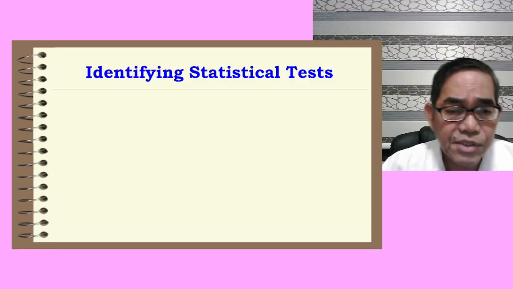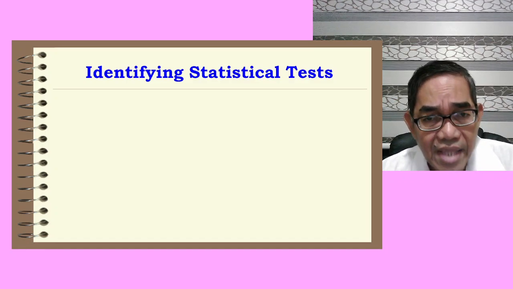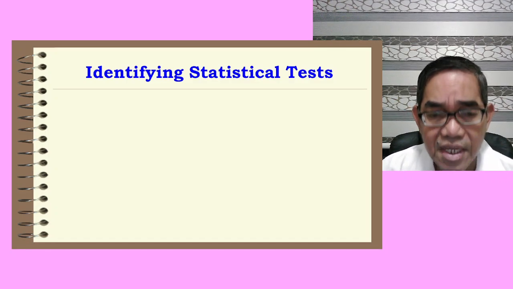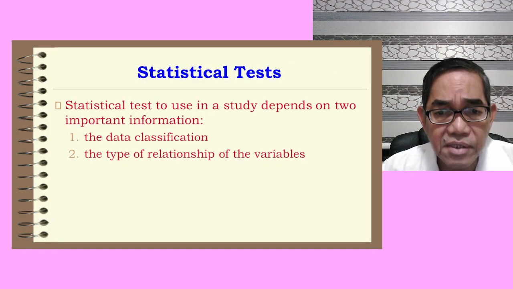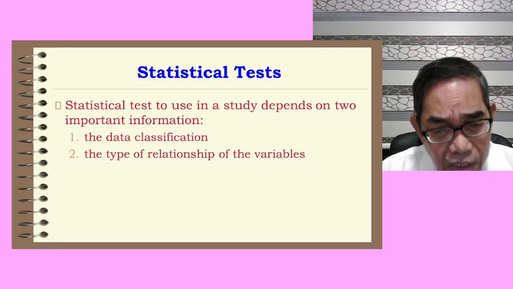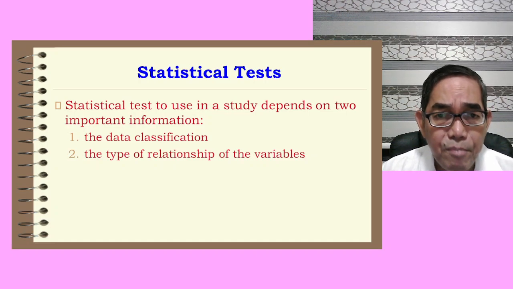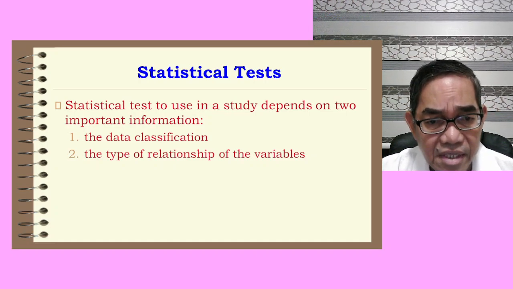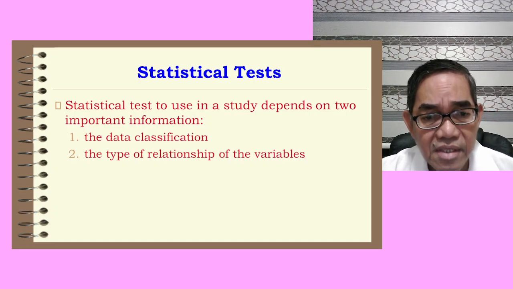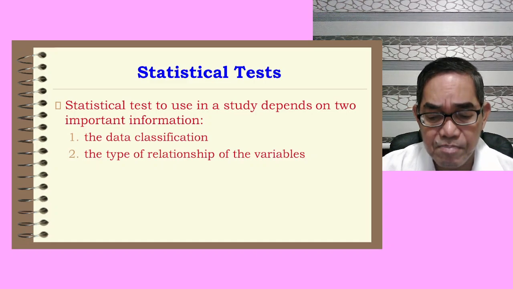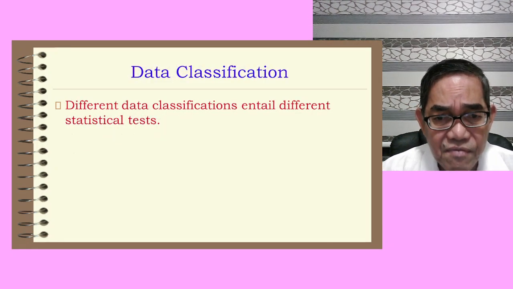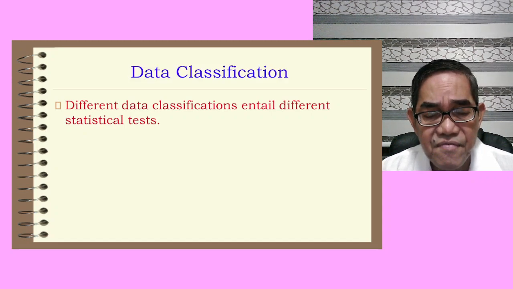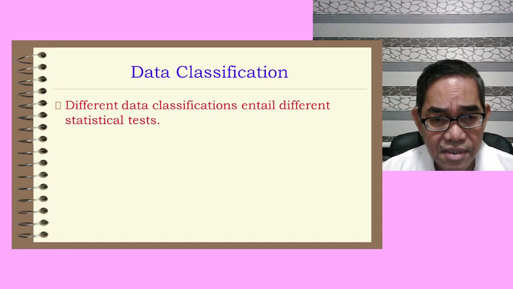Now, let's move on to identifying statistical tests to use. Now, the statistical test to use in a study, in an objective, depends on two important pieces of information: the data classification and the type of relationship of the variables. Okay, different data classifications entail different statistical tests.